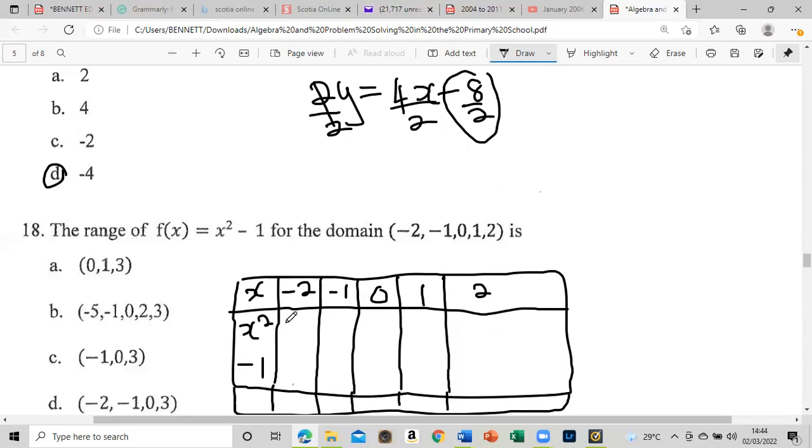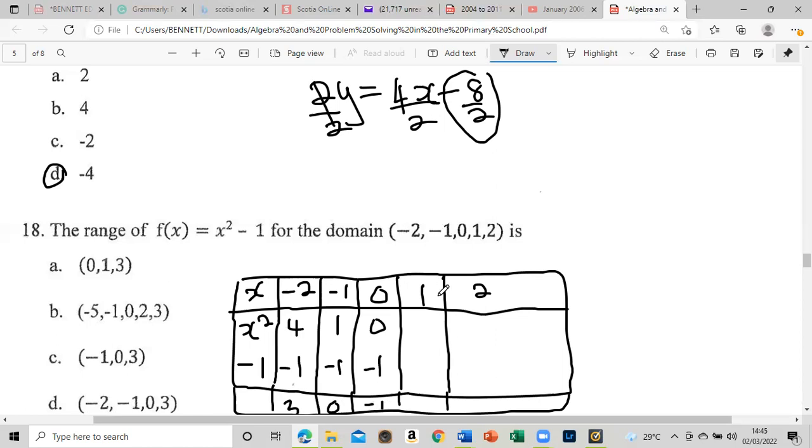Alright, so we square -2, we get 4. Any number squared will be positive. 4 minus 1, we get 3. Alright, we square -1, we get 1. 1 minus 1, we get 0. 0 times 0 is 0. 0 minus 1, I'll give it -1.